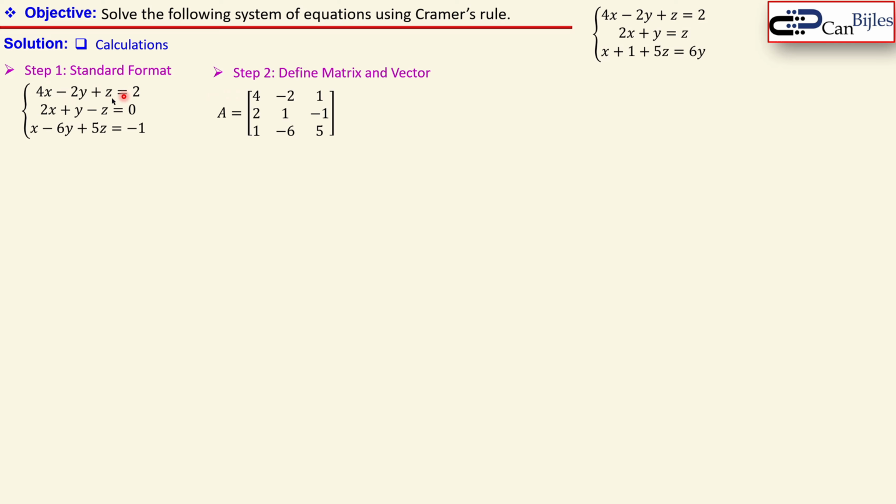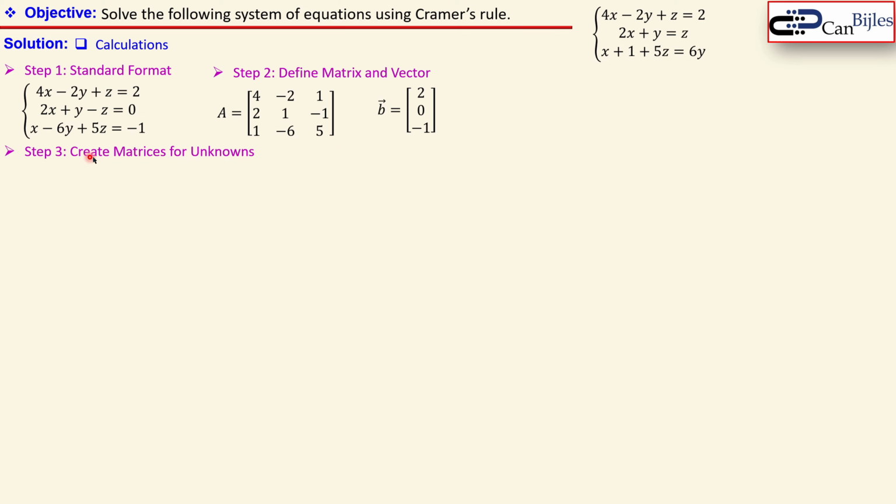That's the first row. Then 2, 1, minus 1. And then 1, minus 6, and plus 5. That's the matrix A. The vector b is then formed by these three numbers: 2, 0, minus 1.